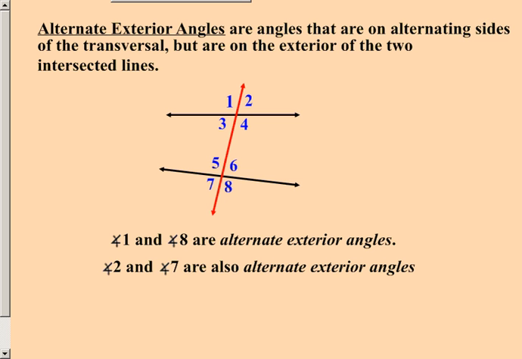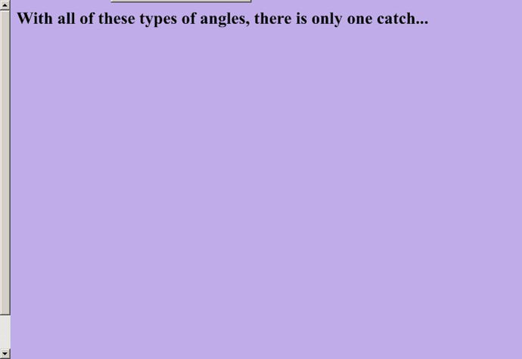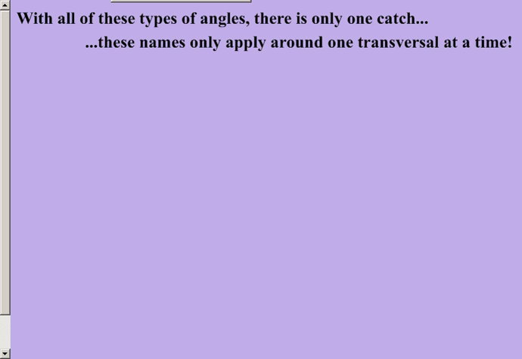Okay, there's one last situation that we need to become very aware of. This is an important little catch to all four of these angle pairs that we have just discussed. With all of these types of angles, there is only one catch, and that catch would be these names.